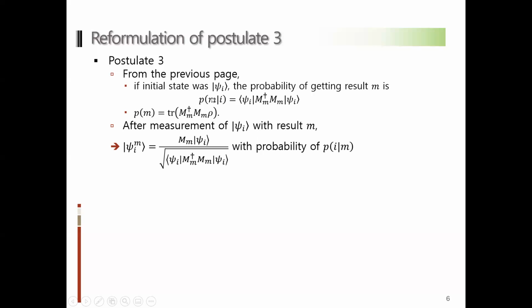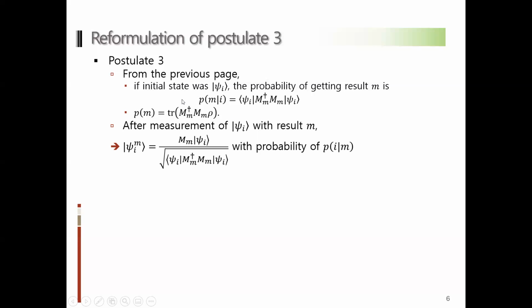Here, we assumed that our initial state was psi sub I, and then we calculated the probability to measure m. However, what we are trying to calculate now is the probability of having psi sub I when we have already measured the result m.